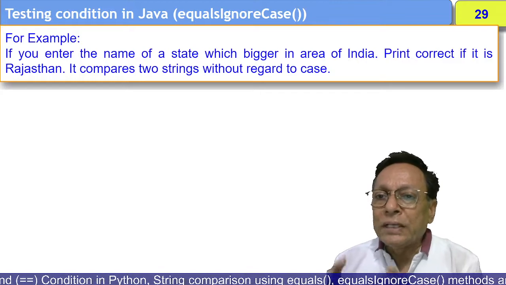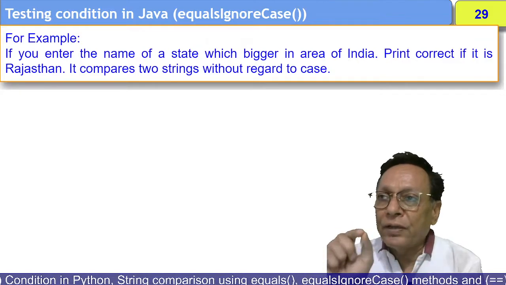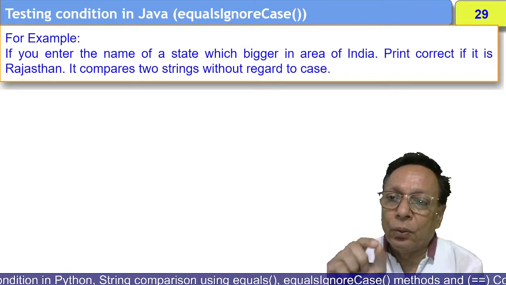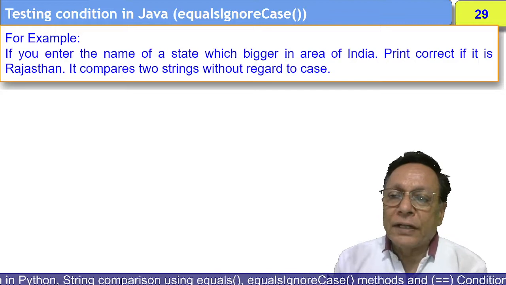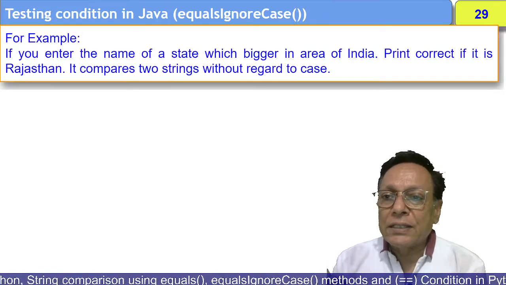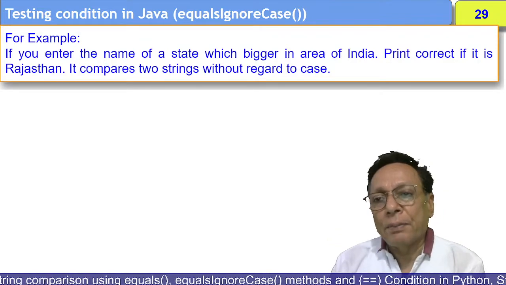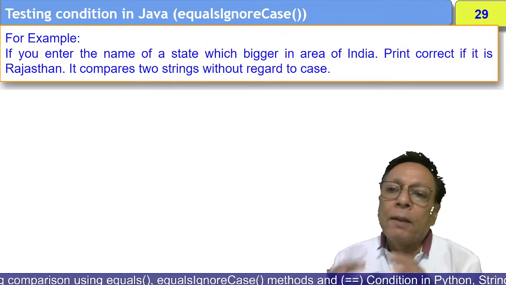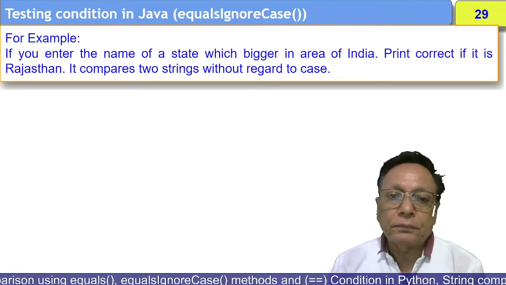So equalsIgnoreCase: the first letter of equals is in lowercase. Ignore is the second word, and the first letter of ignore is in capital letter. The third word is case, and its first letter is also in capital letter. This way, the method is composed.